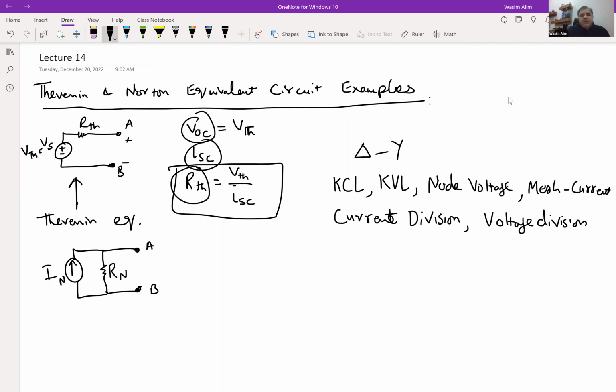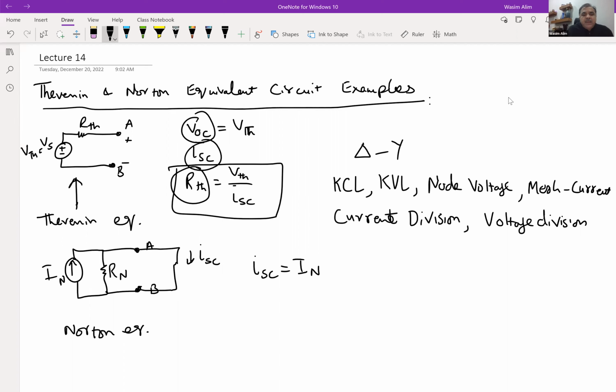Just like in the Thevenin model, where the open circuit voltage was equal to the Thevenin voltage, in the Norton equivalent circuit, if you attach a short to this and you're finding the I short circuit, you can observe that this short will take the Norton resistance out of the picture, which means that I short circuit would be equal to I Norton, right? So that's one parameter.